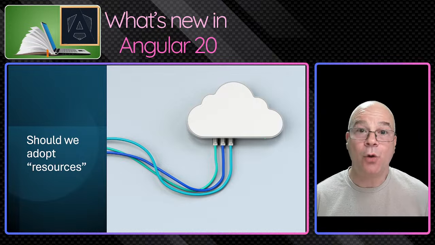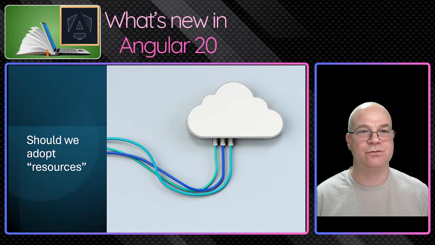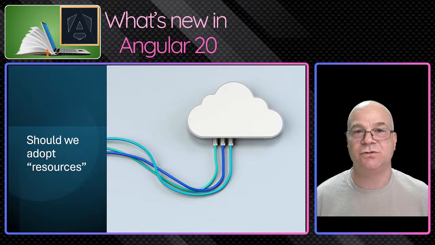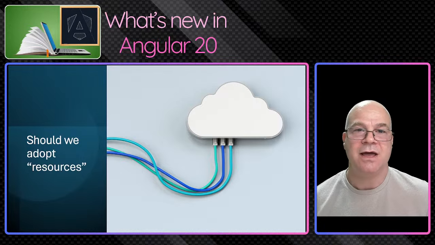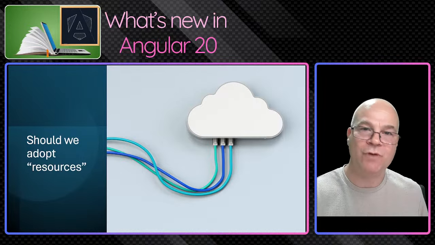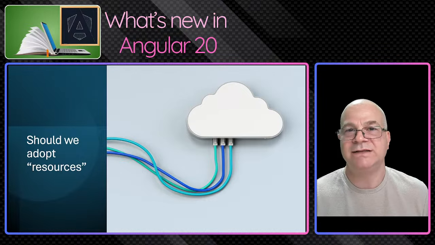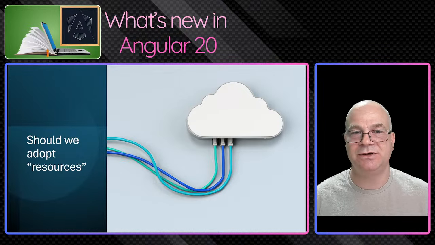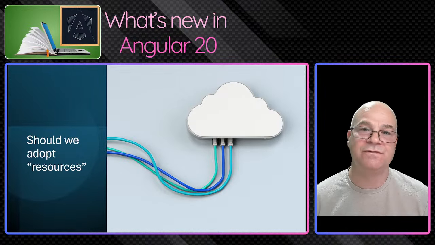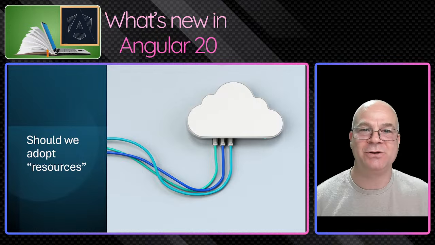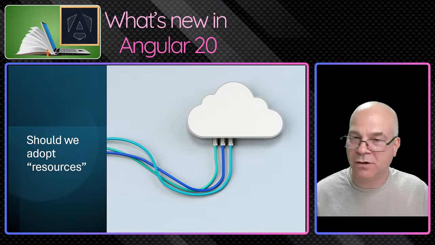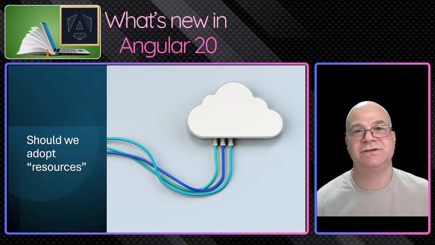But if you're writing a whole new application, if you're beginning to develop something from scratch, or if you're starting to work on a new module, a new feature, and you haven't written it already, then it makes sense to choose the resources, because I think the Angular team proved that resources is the way to go. They put a lot of effort in stabilizing the resource APIs.